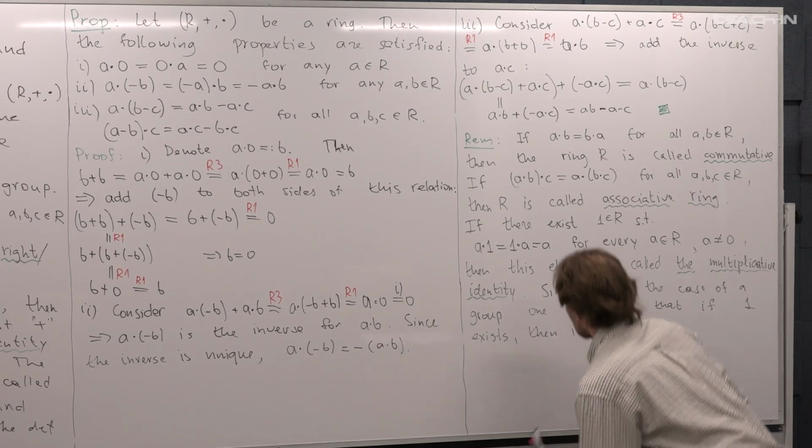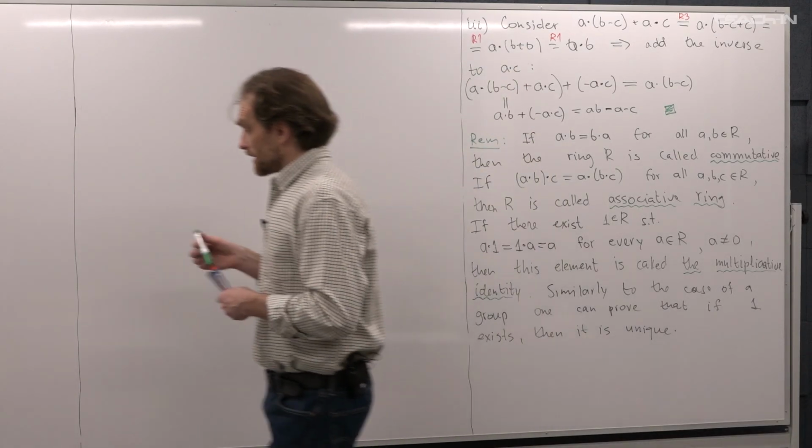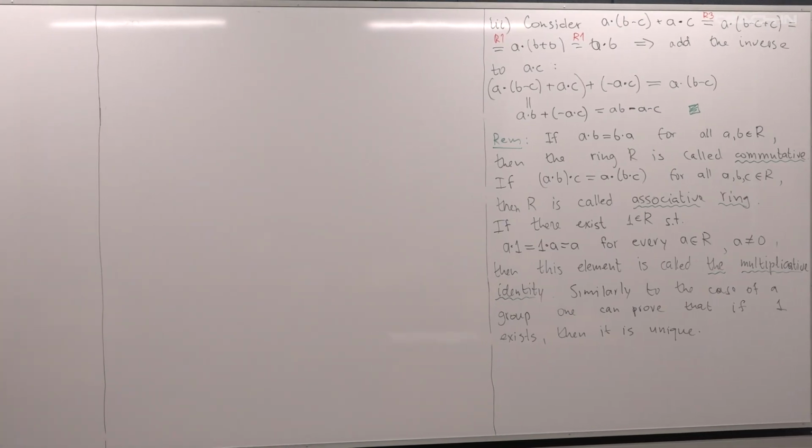The proof is exactly identical to the one we already had. So these are some additional properties that are satisfied for some rings. And so let us consider some examples.